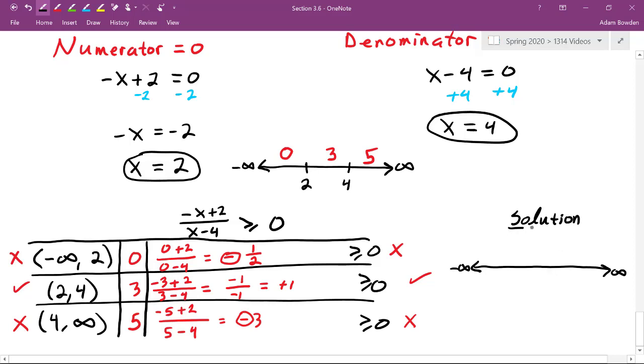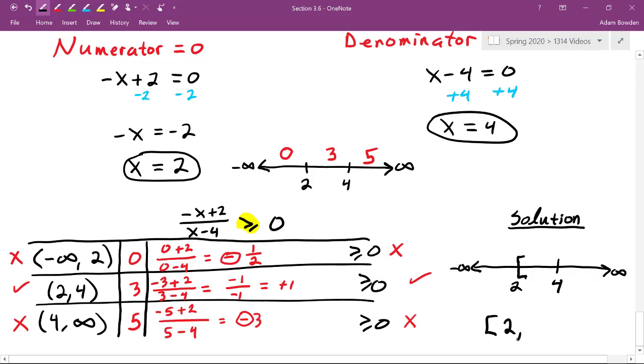And let's see what we need to use for brackets or parentheses. Now, it does say that we are using greater than or equal to. So usually that means we will be using brackets. So we're going to put a bracket for 2, like that.